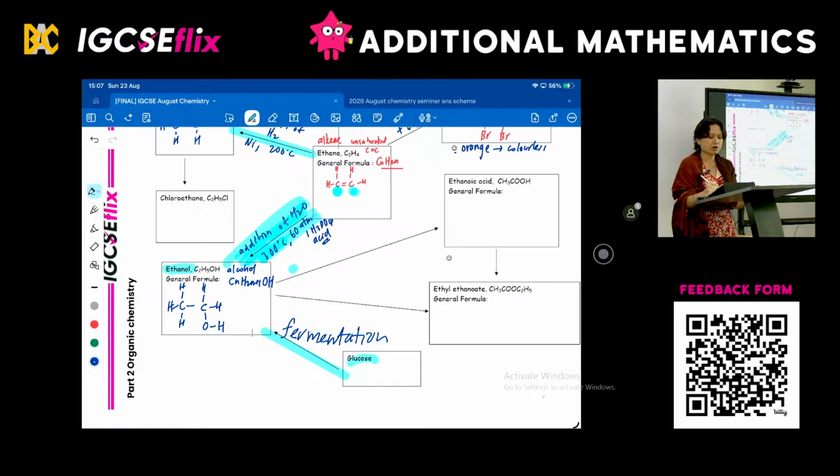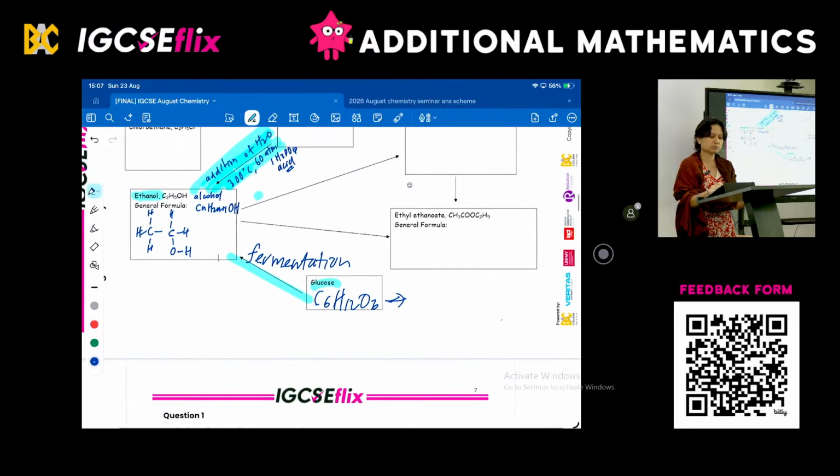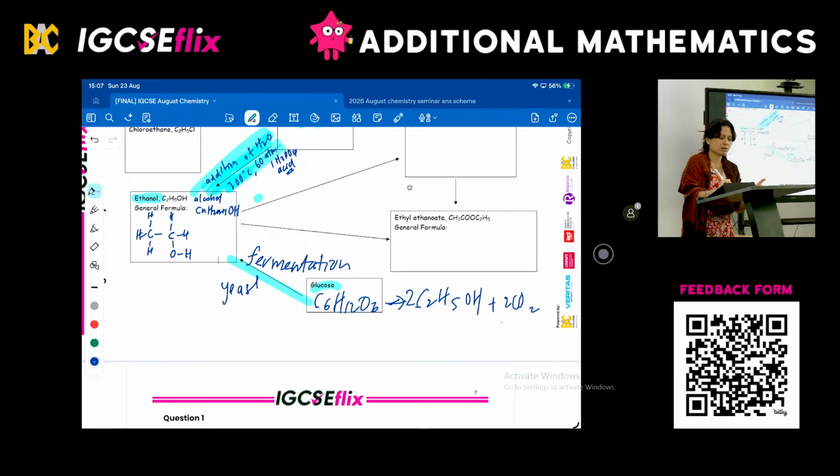Okay, fermentation of glucose. This one is the same equation as your anaerobic respiration, for C2H5OH plus CO2. 2, 2. Okay, who do I use to help me do this? Yeast. What's the condition? No oxygen, about 15 to 25 degrees Celsius.